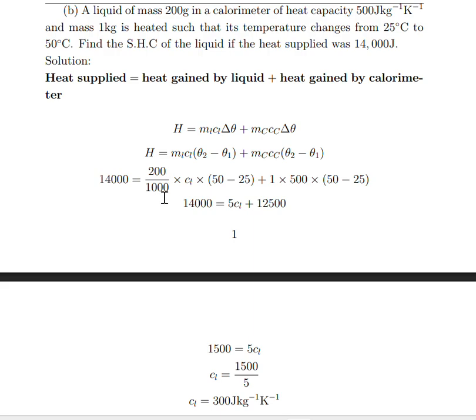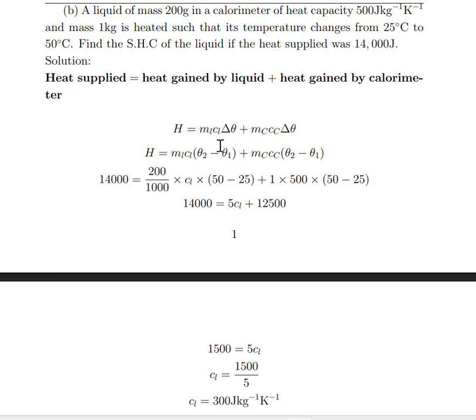Now what we have here is 200 divided by 1000, times the specific heat capacity of the liquid, then times the temperature difference, which is 50 degrees minus 25 degrees, then plus the mass of the calorimeter, which was 1 kilogram.